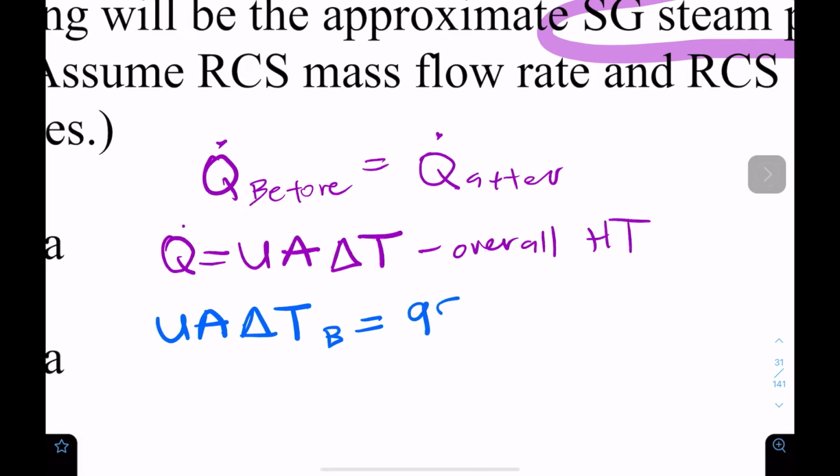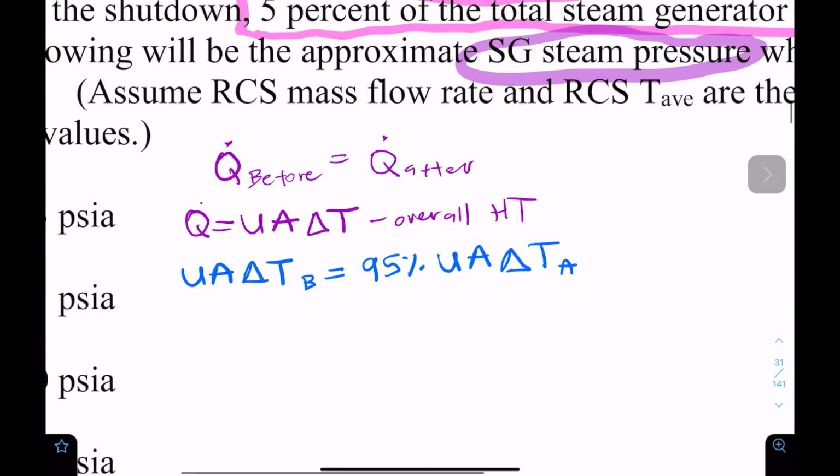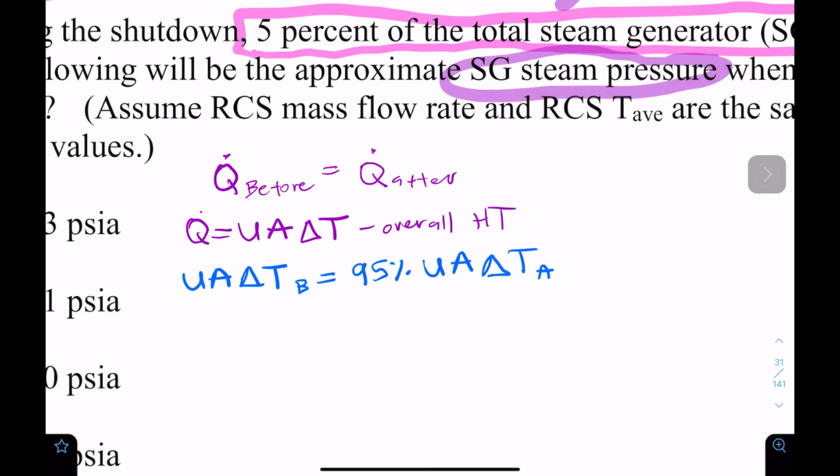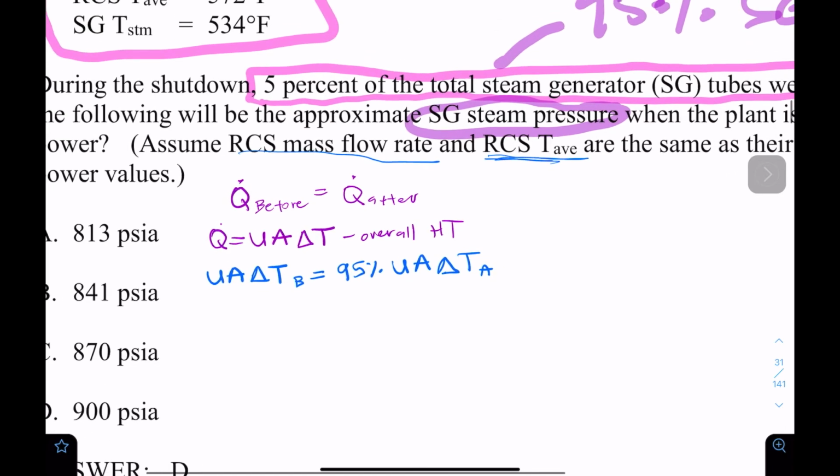So I was only providing 95% power, basically, or heat transfer. But everything remains the same. It says that the mass flow rate and the RC average temperature, everything is the same.